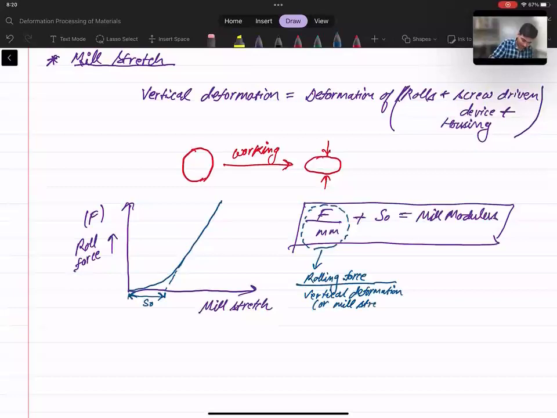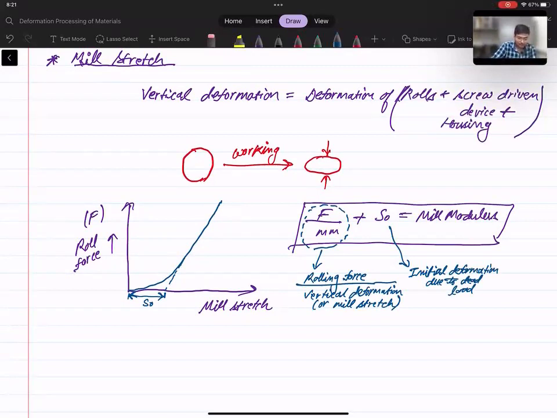This was the initial deformation. Initial deformation. This term came due to the dead load. Okay.